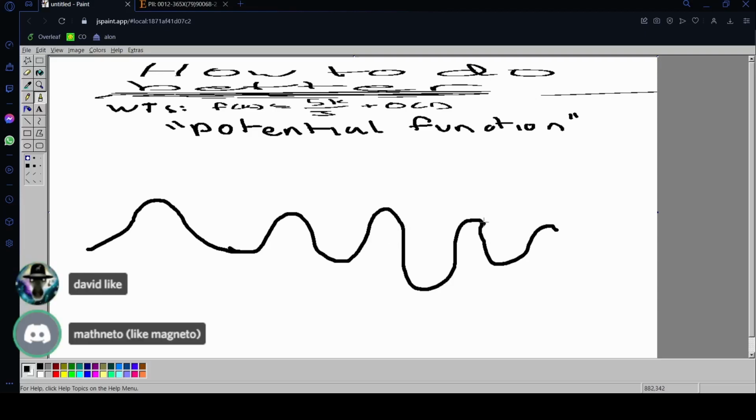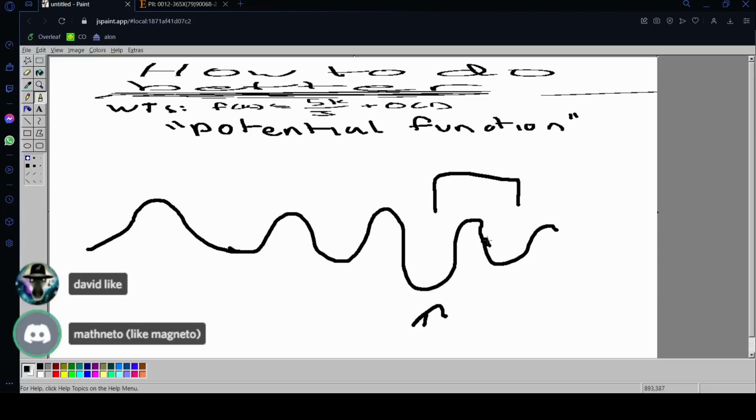If you start here, then the lowest point of the function, say, is right there, but to find that spot, you'd have to look at a huge amount of the function and be able to say, oh, that's where it ought to go.